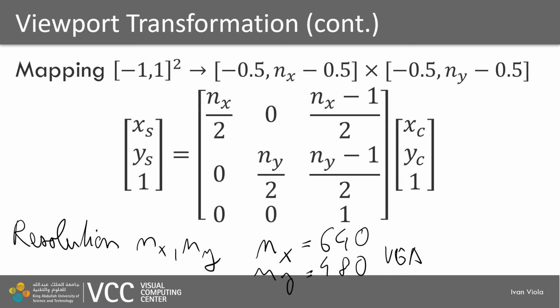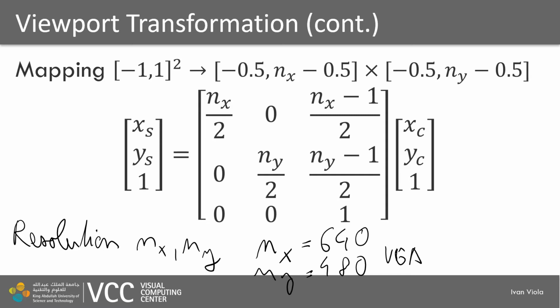By how much do we want to scale it up? We want to scale it up from the range -1, 1 to -0.5 to 640 minus 0.5. So we first scale it by the factor nx divided by 2, which will be 320 in our particular case.